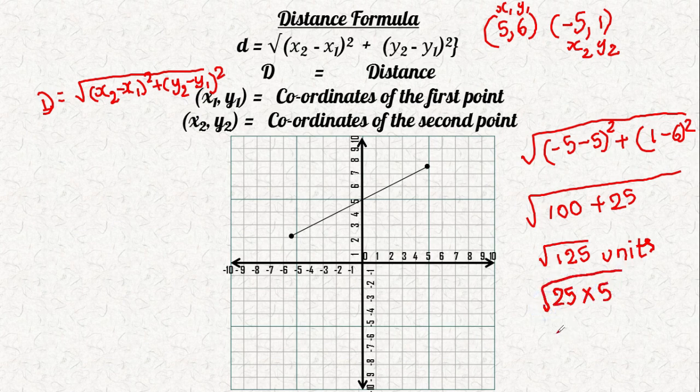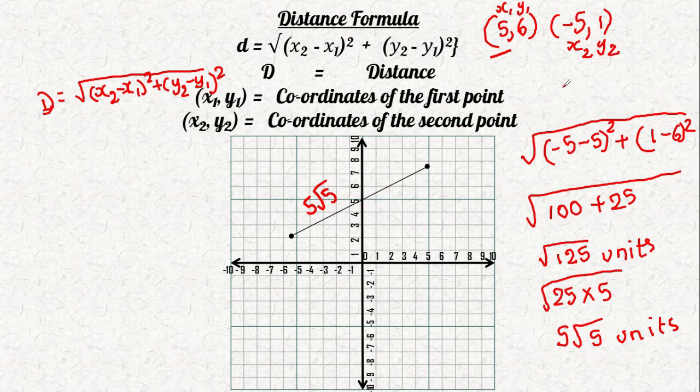Root of 25 into 5 is 5 root 5 units. So the distance between this point and this point is 5 root 5 units. This is a simple formula: they will give you 2 points, you apply the distance formula and find the distance.